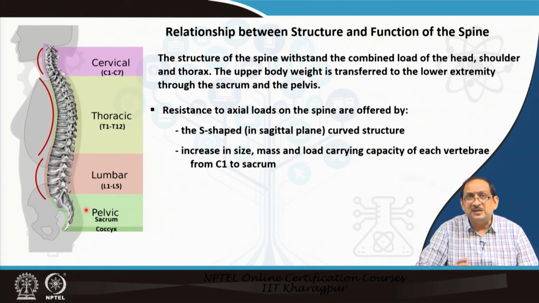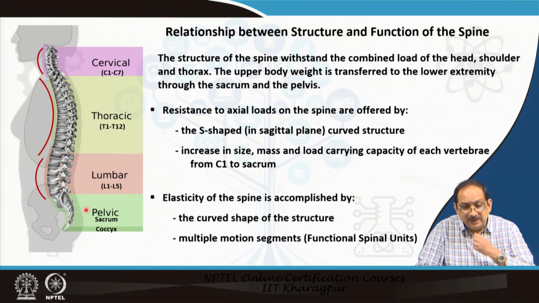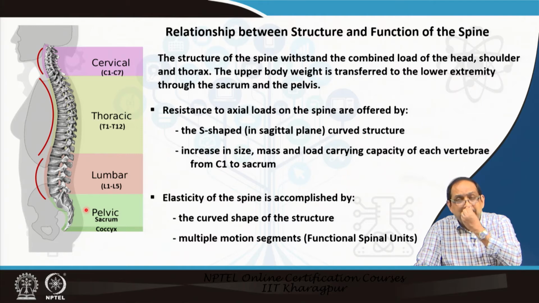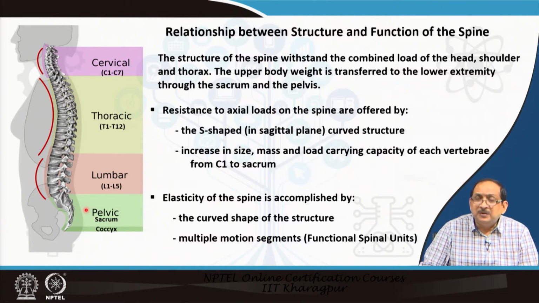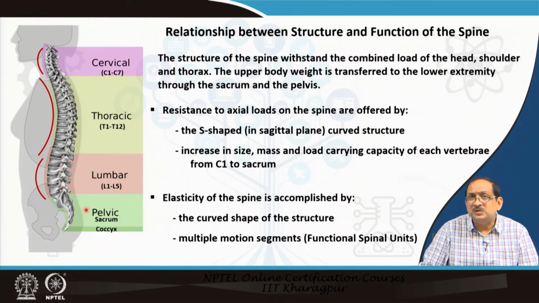The increase in size, mass and load carrying capacity is responsible for offering more and more resistance to the axial load on the spine. The elasticity of the spine is accomplished also by the curved shape of the structure and multiple motion segments, which are known as the functional spinal units.